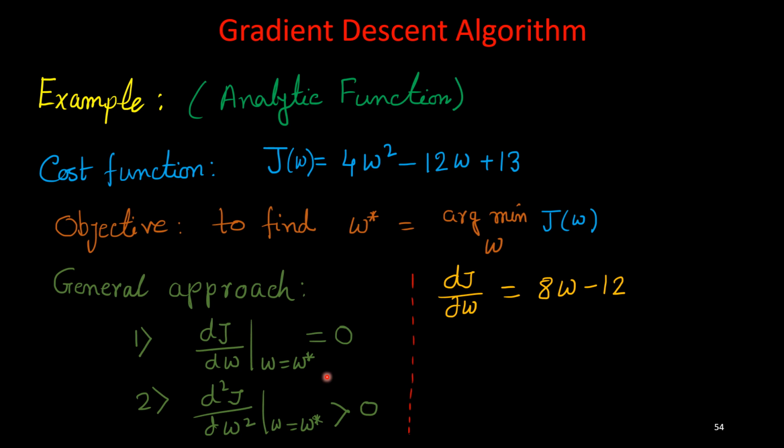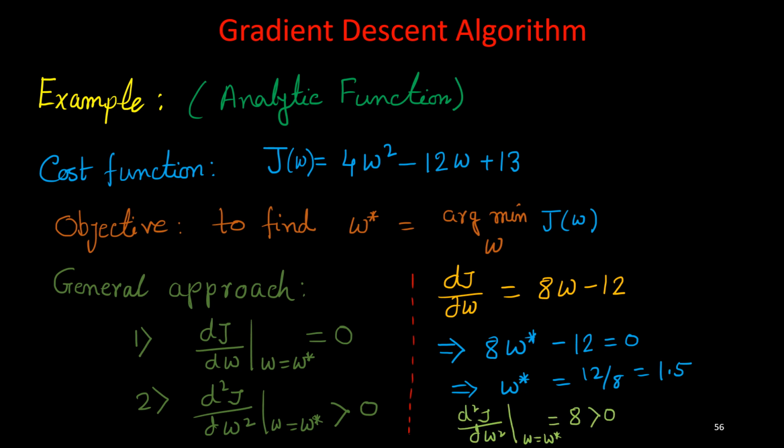For w star this derivative will become 0, so 8w star minus 12 should be 0. So w star should be 12 by 8, that is 3 by 2, that means 1.5. So this is a solution that we can easily find out analytically, right?